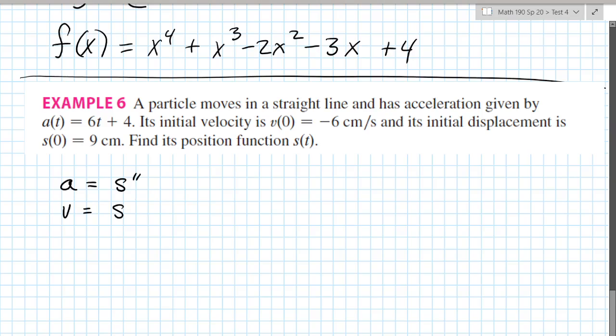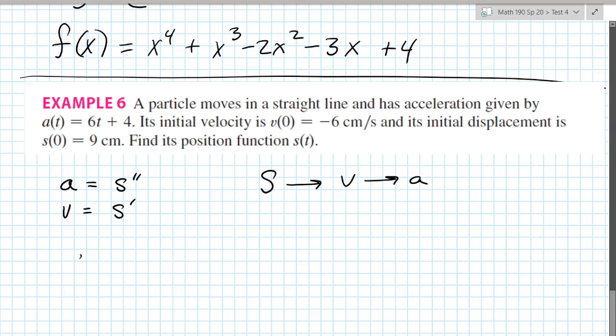Velocity is the derivative of position. So going from position to velocity to acceleration using derivatives, and going backwards from acceleration to velocity to position using antiderivatives.